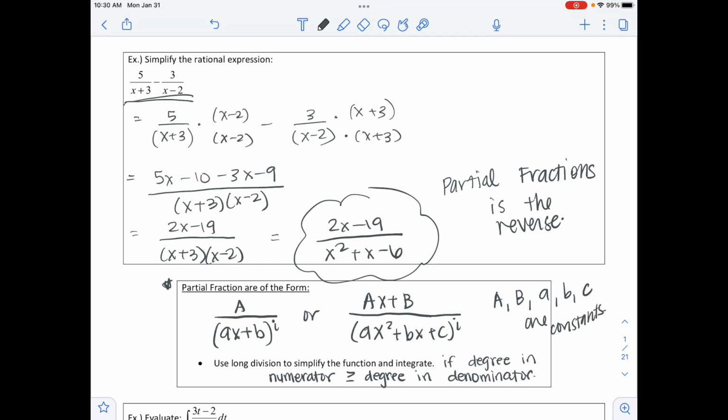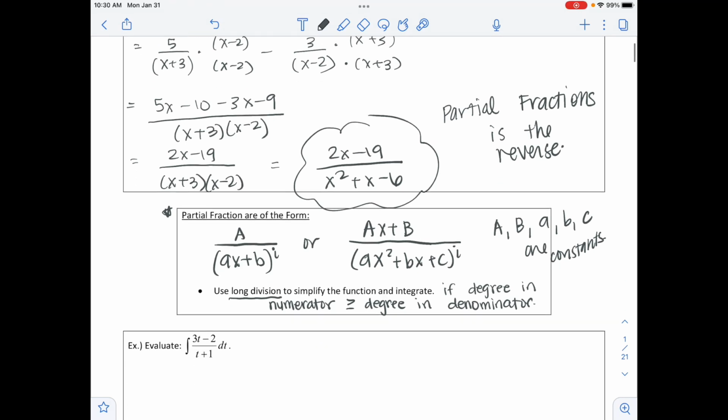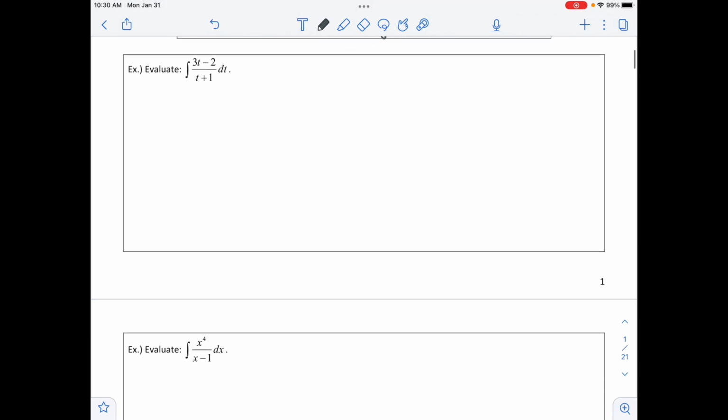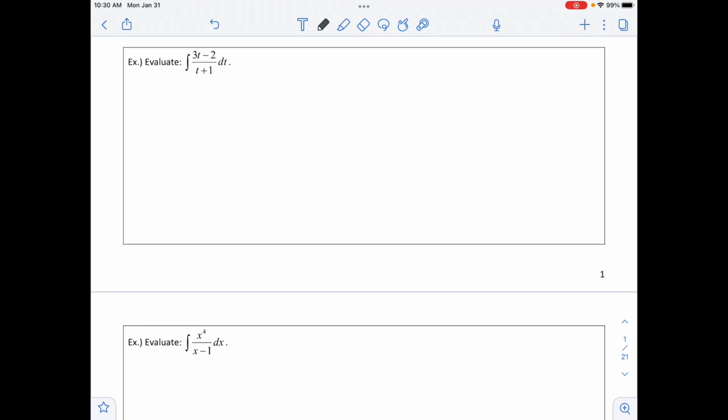And so we're going to use long division, which was taught back in Algebra 2, to simplify a function and integrate. So if the degree in the numerator is greater than or equal to the degree in the denominator, we can use long division. So the first integral that we have here says to integrate 3t minus 2 over t plus 1 dt.